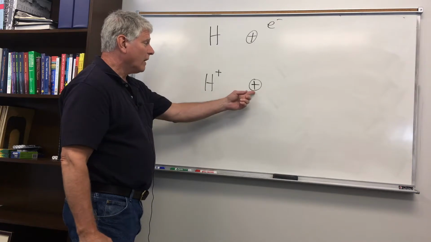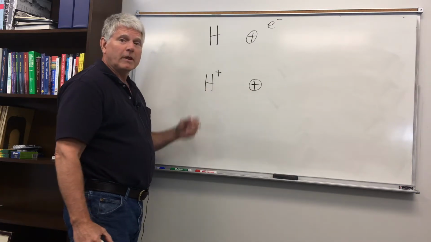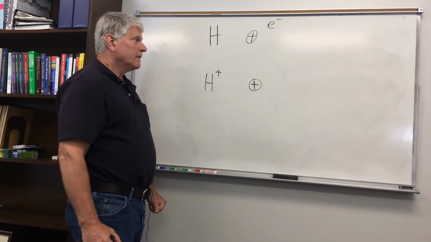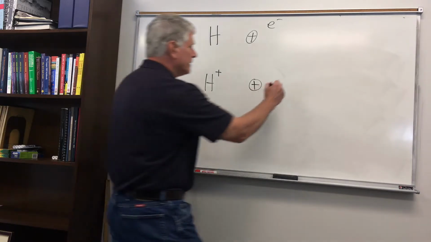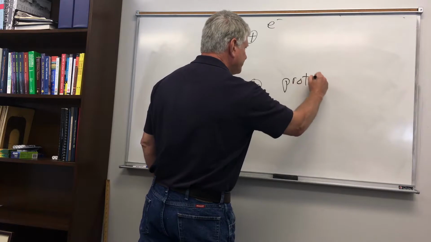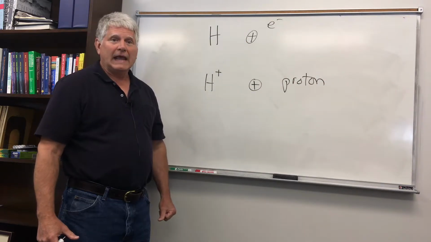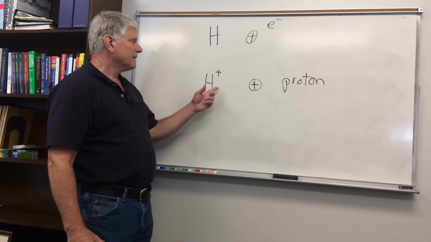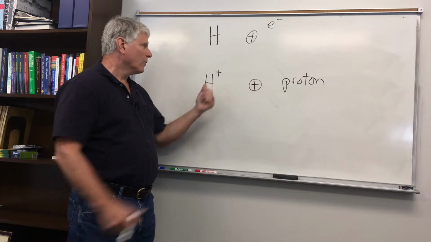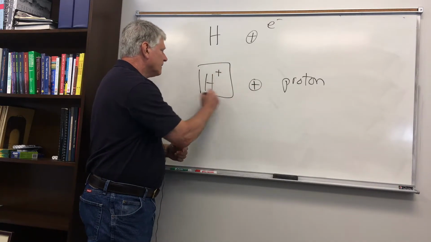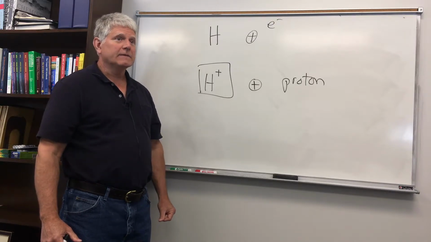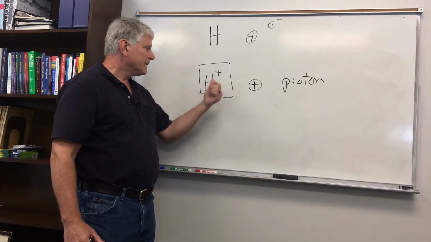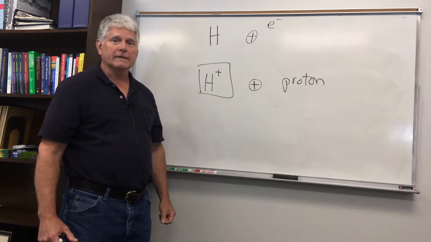So a proton is an H plus atom, a hydrogen plus ion. So it's called a proton. So an acid is something that donates a proton or an H plus ion, and a base is something that will accept an H plus ion.